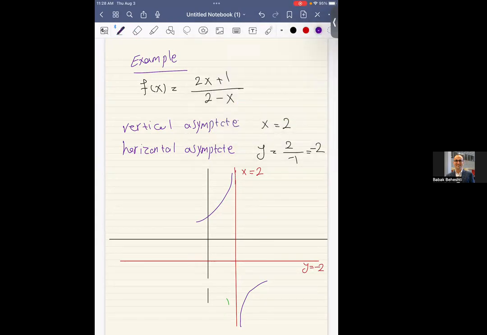So the graph should be something like this. Yes.